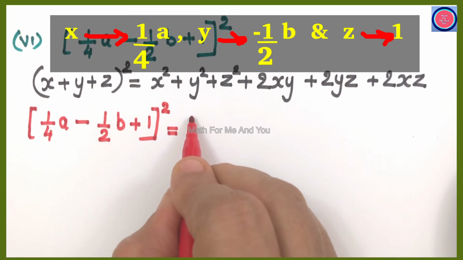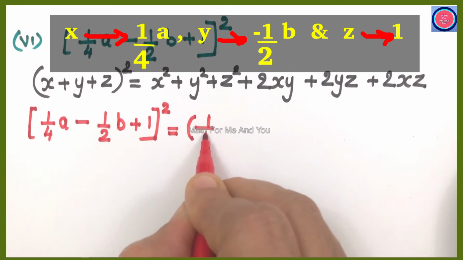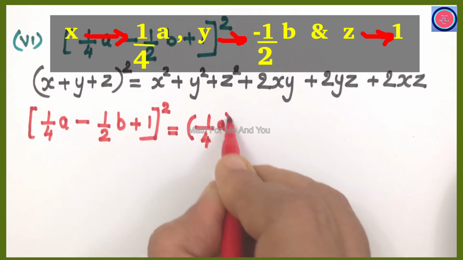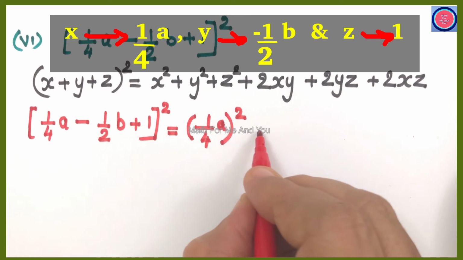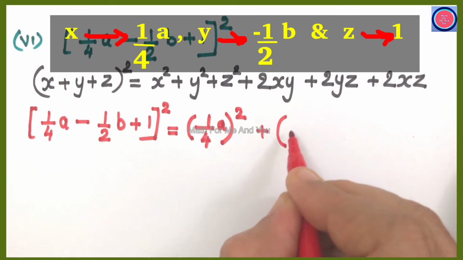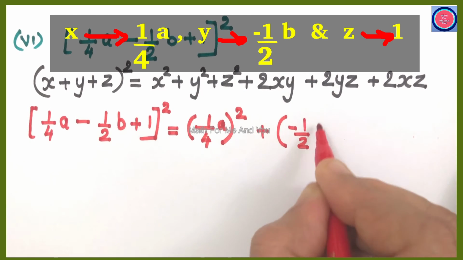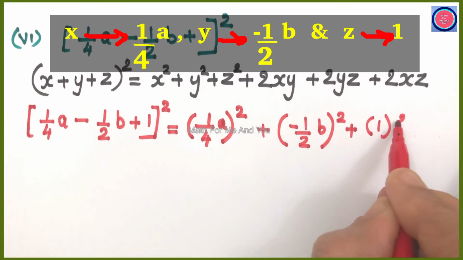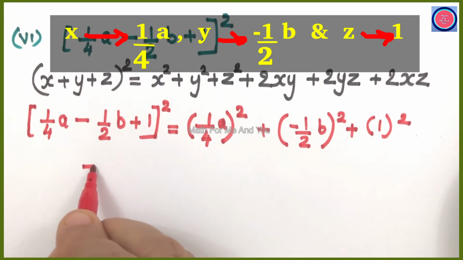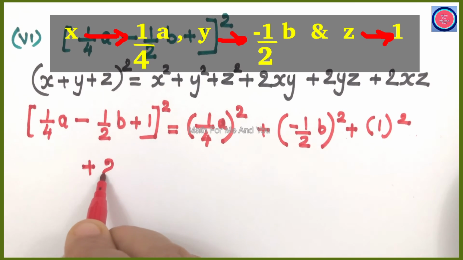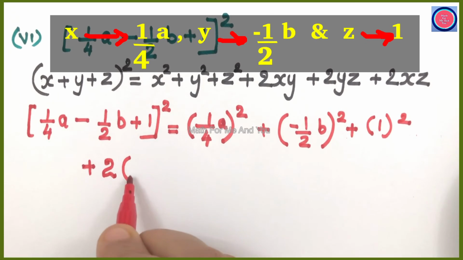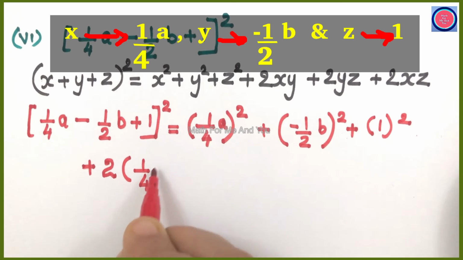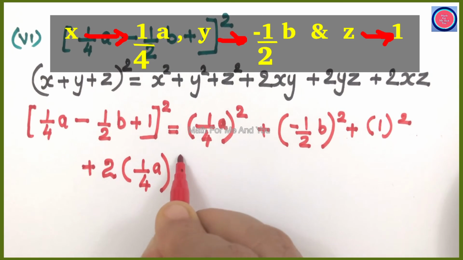Now we can write the expansion, which is equal to 1 by 4a the whole square plus minus 1 by 2b the whole square plus 1 the whole square plus in place of 2xy we write 2 times 1 by 4a times minus 1 by 2b.